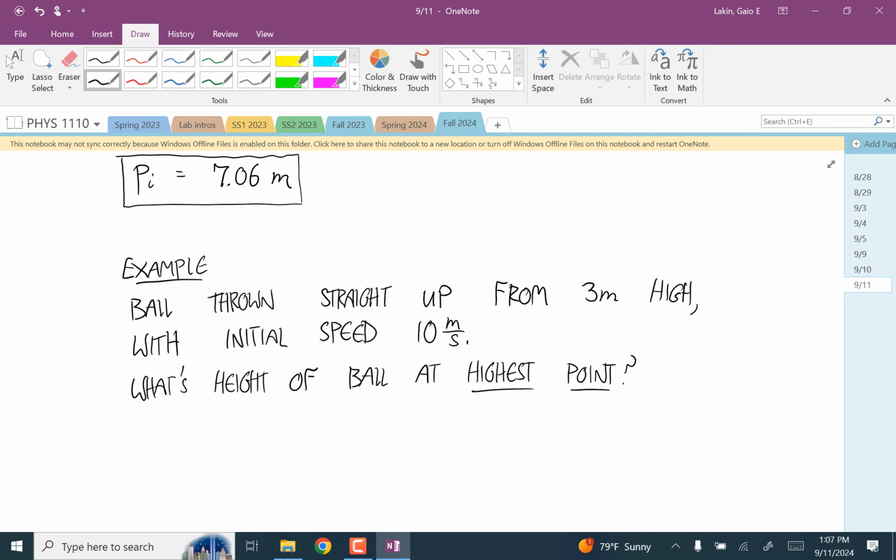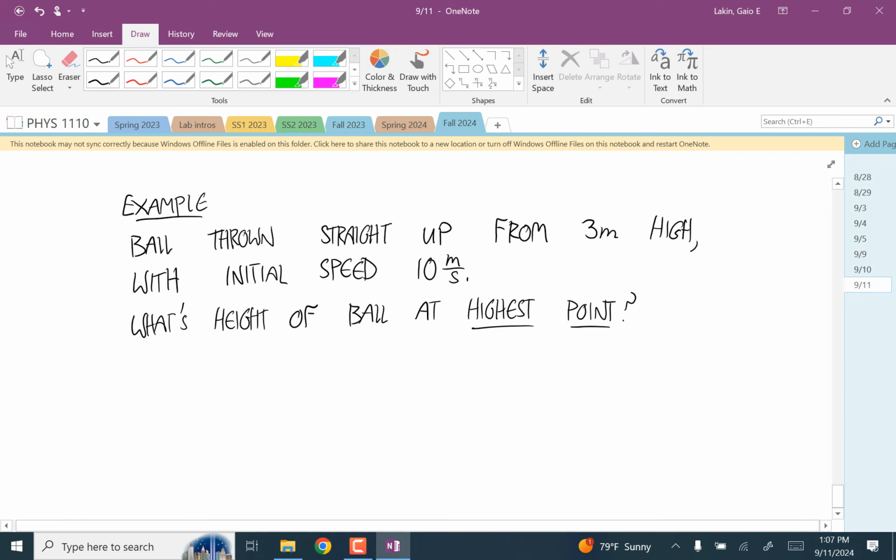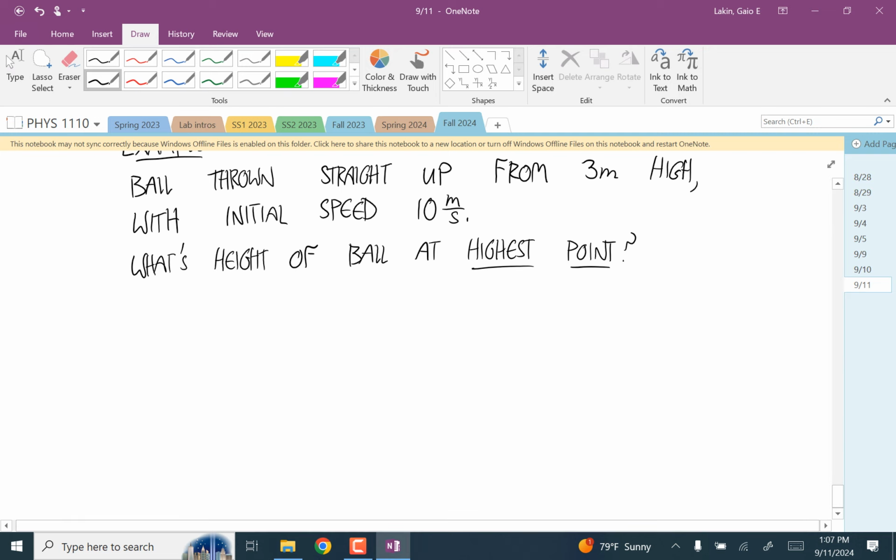So we're just basically waiting for our opportunity to use that fact. I guess I'll draw a little picture of what's going on. So let's say this height is 3 meters. And the ball is going to go up, reach its highest point, and then come straight back down. And we're trying to figure out what this height is at the highest point.